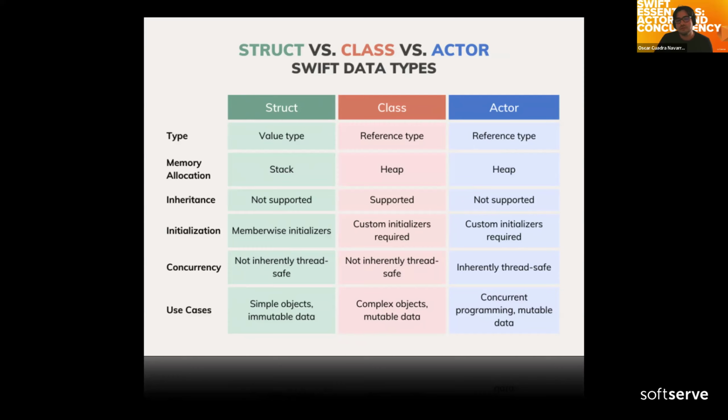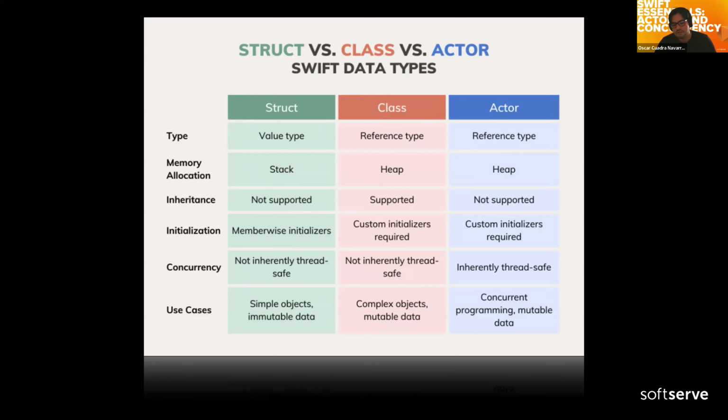So this table is to fully understand the difference between struct, class, and actors. The actors are reference types, similar to a class. Both are located in heap memory because it is data that needs to be mutable, so it needs to be stored somewhere, and for that we need initialization.